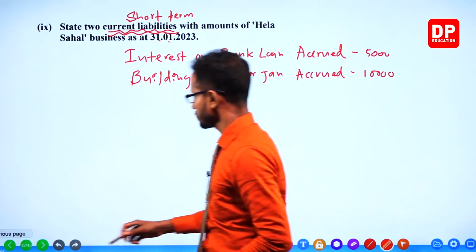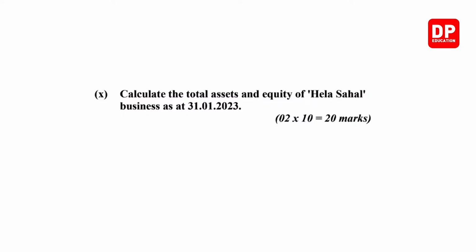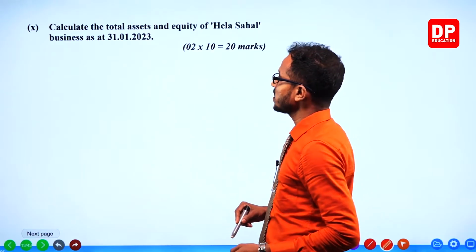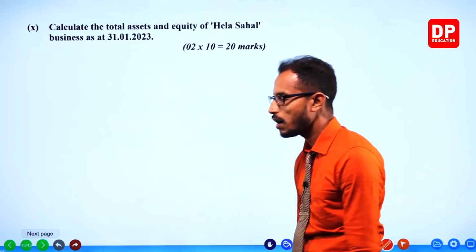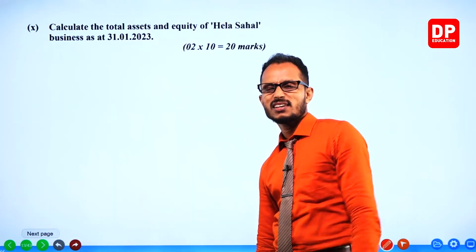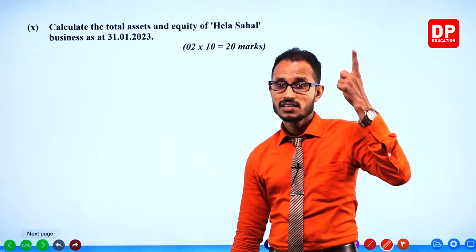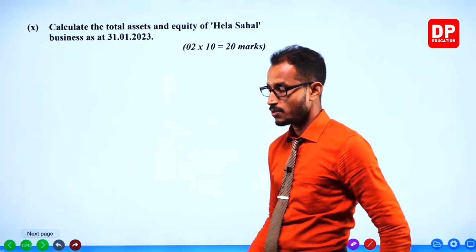Short-term liabilities. Last question. We are done with the first question, the compulsory question, with the last part. Calculate the total assets and equity. Total assets. It's a sweat-making question.